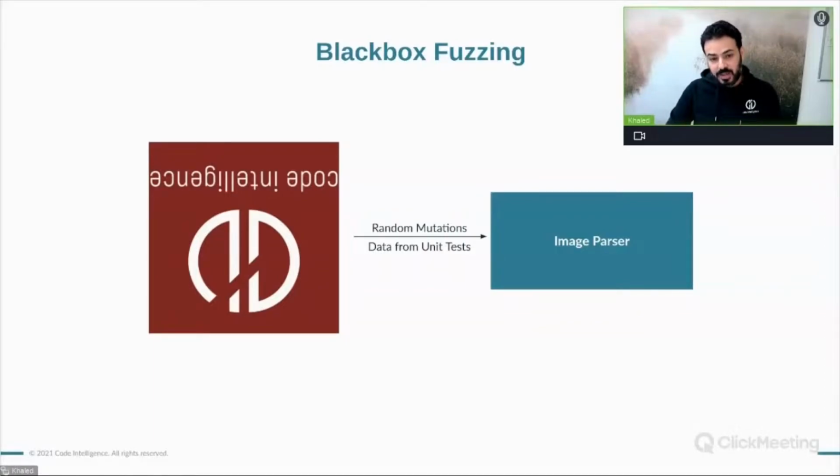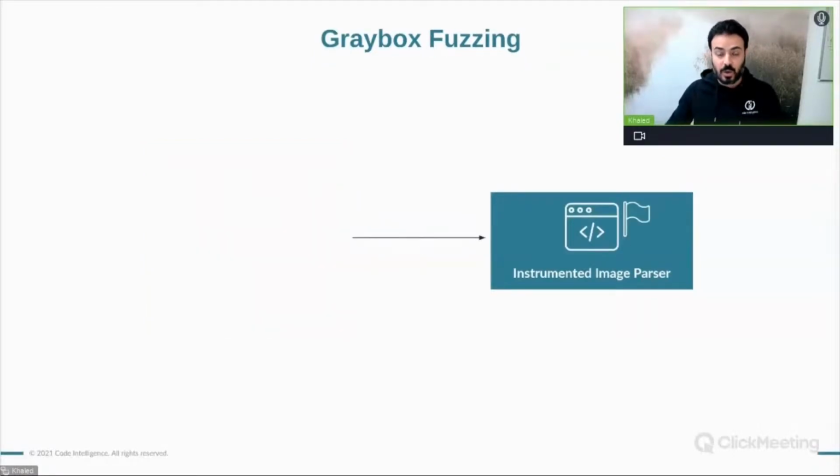And so the real breakthrough with fuzzing was the idea of using instrumentation to give feedback to the fuzzer about what's happening inside the application, or how the code is reacting to a given input.